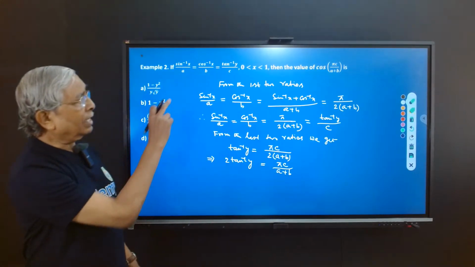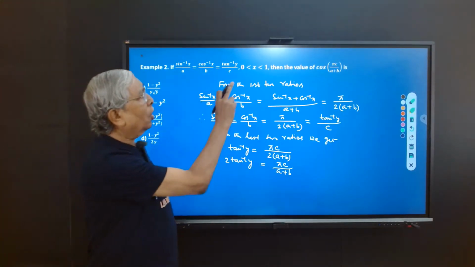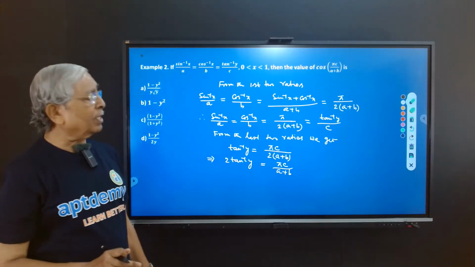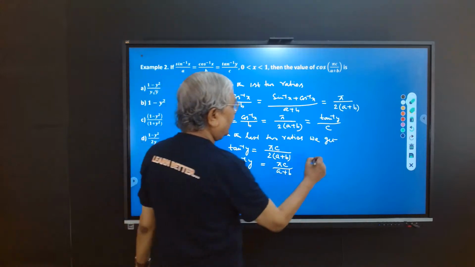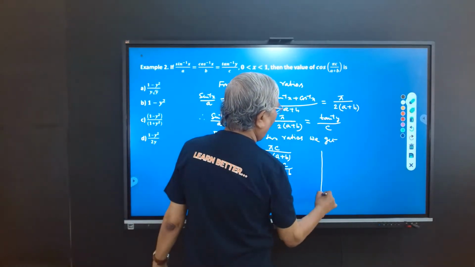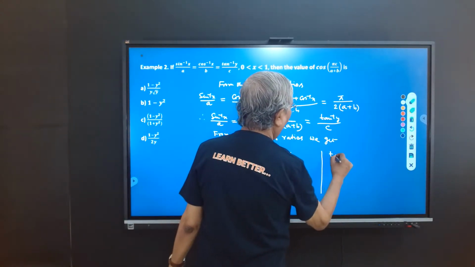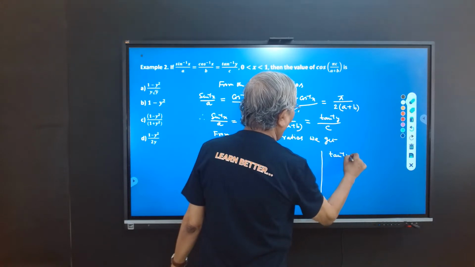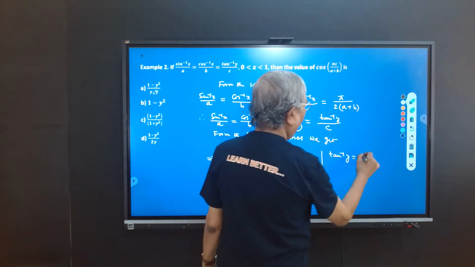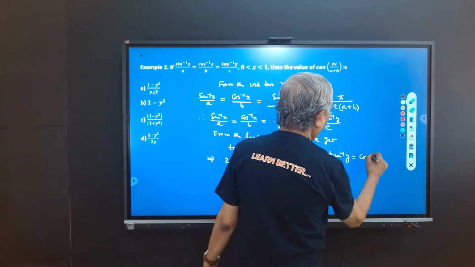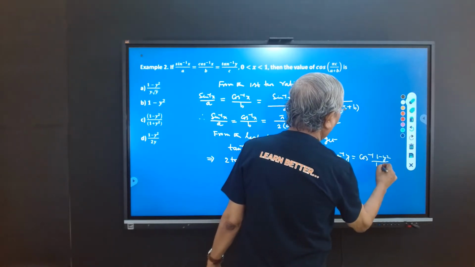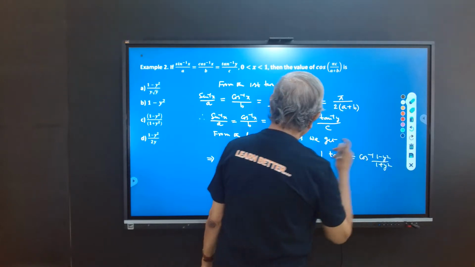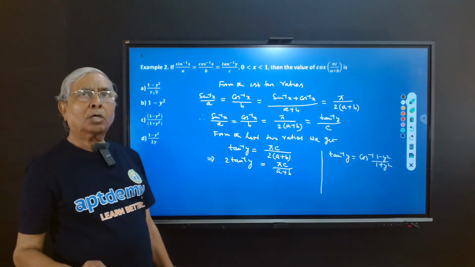Now, look here. What do we want? Cos of pi C by A plus B. Here you have got 2 tan inverse y. What is the formula for tan inverse y in terms of cos inverse? We can write tan inverse y equals cos inverse of 1 minus y square by 1 plus y square. So we convert tan inverse in terms of cos inverse.